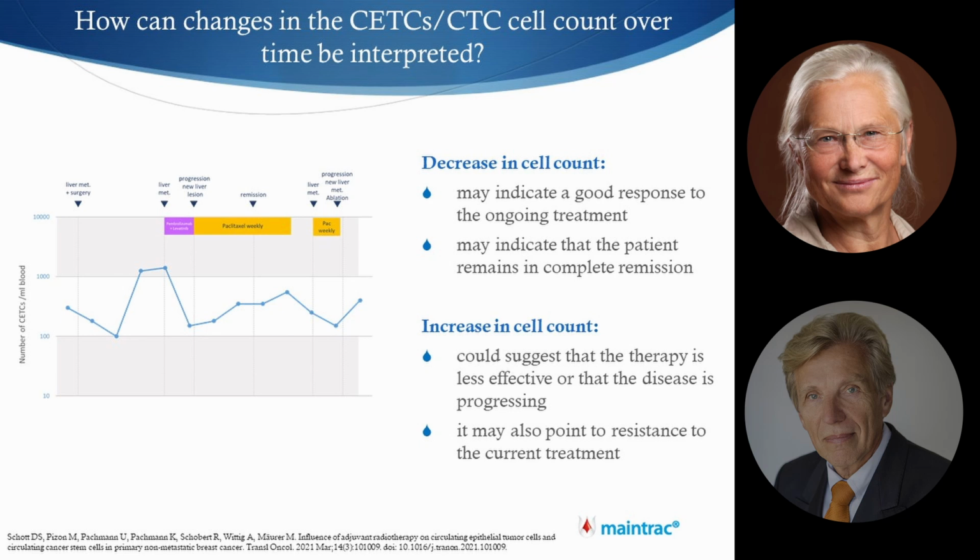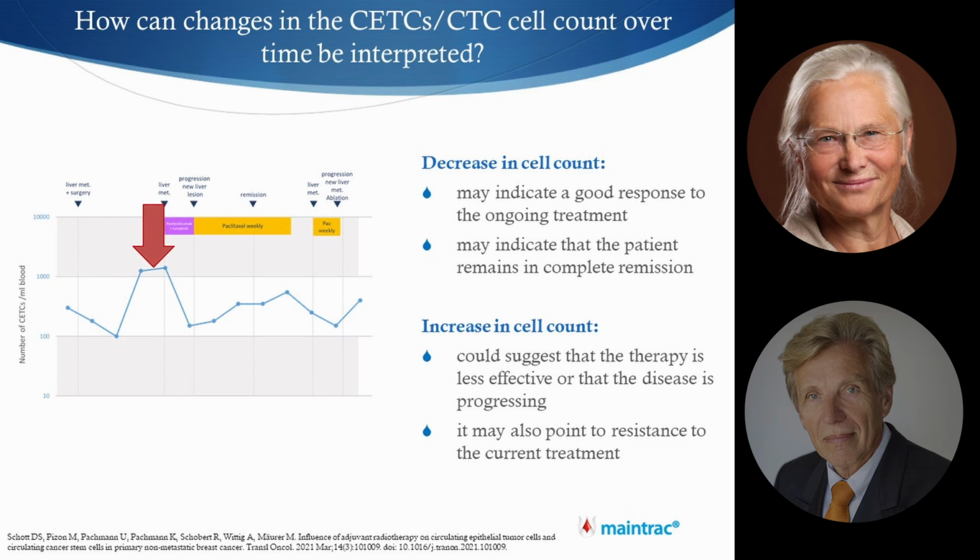How can these changes in cell numbers over time be interpreted? So if the cell number decreases, like in this example, where the removal of the liver metastasis by surgery led to a decrease, this suggests that there is either a good response to treatment, or sometimes, if it's extended, it indicates that the patient remains in complete remission.